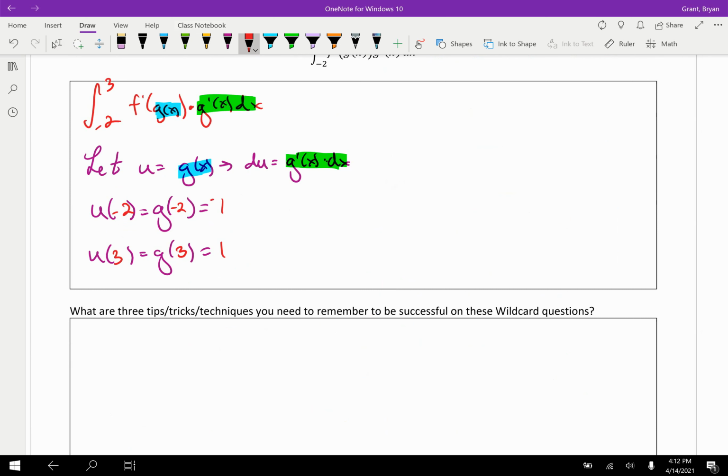Let's rewrite this integral. I can connect this with an equal sign because my new integral will be equal. We go from -1 to 1, f prime of u times du. All right, we'll keep those same colors. There's u, there's my du. All right, from here, we do the antiderivative. Antiderivative of f prime is just f of u from -1 to 1.